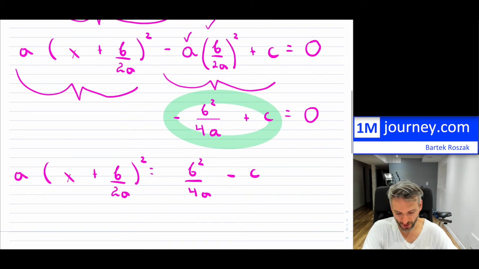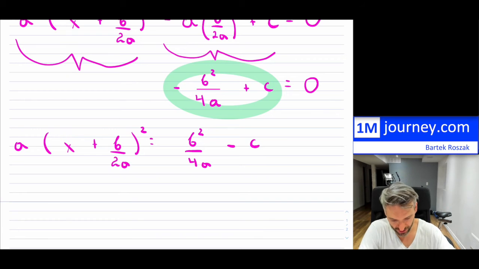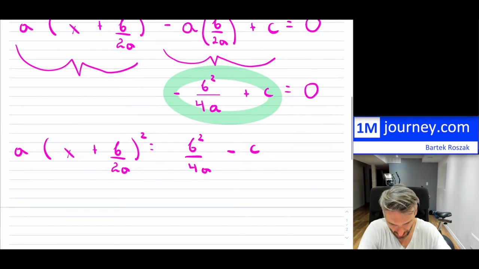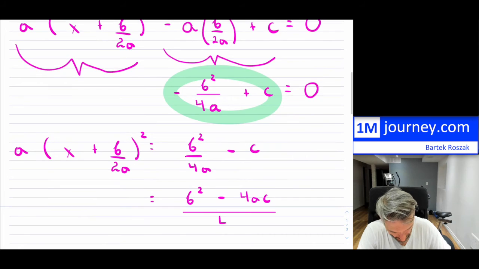Now, on the right-hand side, I'm going to create a common denominator, which is just the 4a that I have. And what that will be is b squared minus 4ac, all divided by 4a.